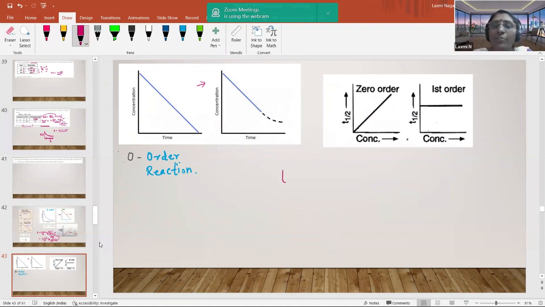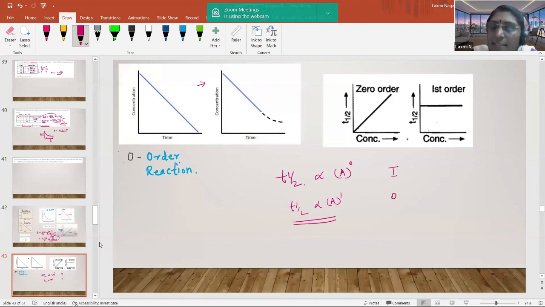The concept of T half. We know that T half is independent of concentration of reactant in the case of first order, whereas T half is directly proportional to the concentration of reactant to the power 1 in the case of zero order.